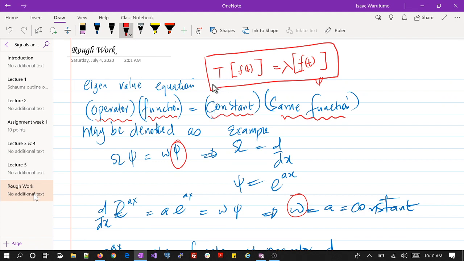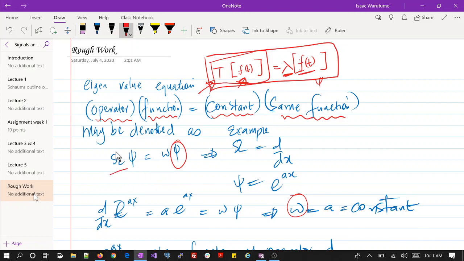We can have different operators acting on a function f of t, producing an eigenvalue lambda, a constant, which multiplies the same function f of t to give us our original operation. That means we have satisfied the eigenvalue equation. And we can have an example using these symbols, which sometimes might confuse you.